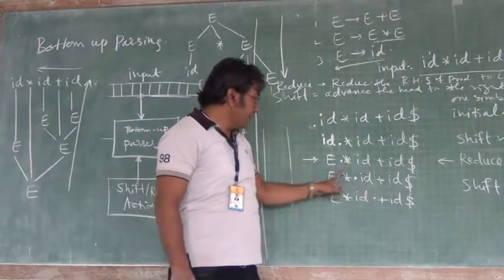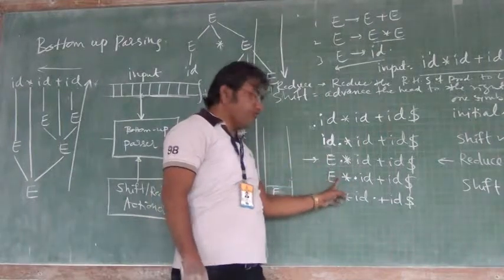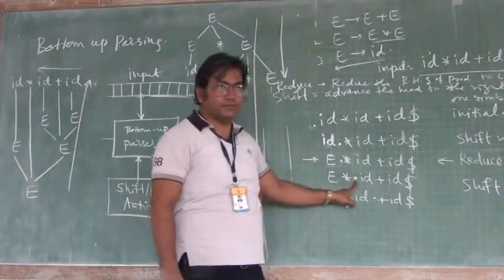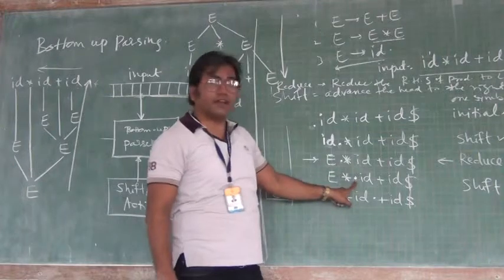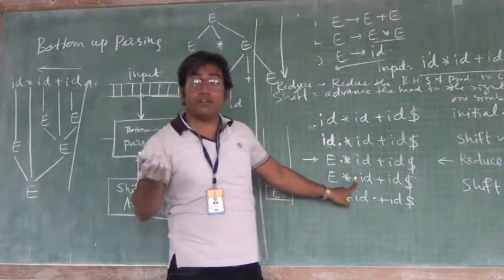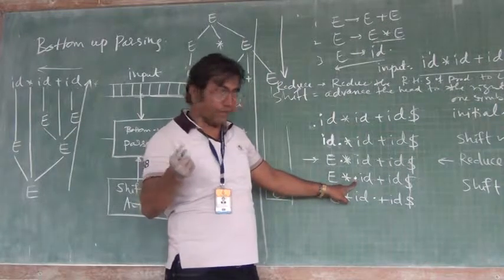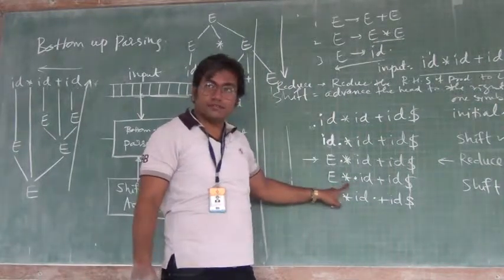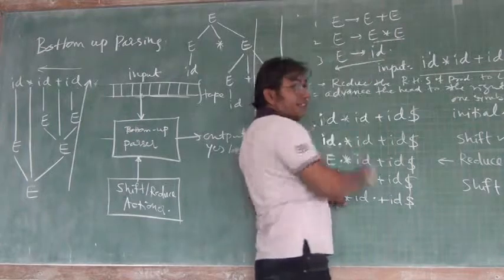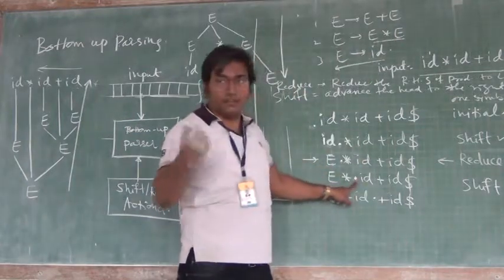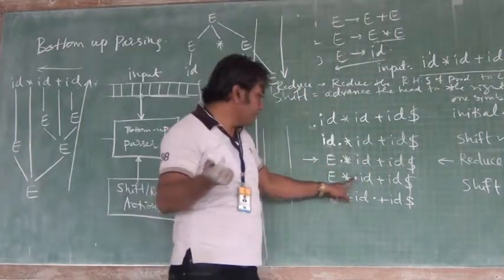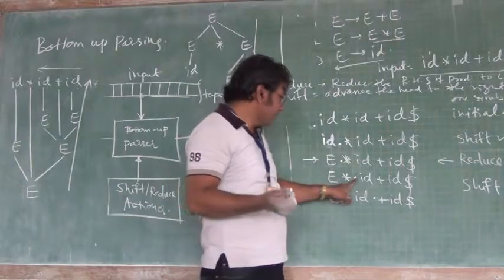After doing a shift, my head is shifted from this place to this place. Okay. Now being here, decide whether to shift or reduce. If you want to reduce, you need to see star. Is E star there at the right hand side? No. Then do shift. So after shifting, what happened?